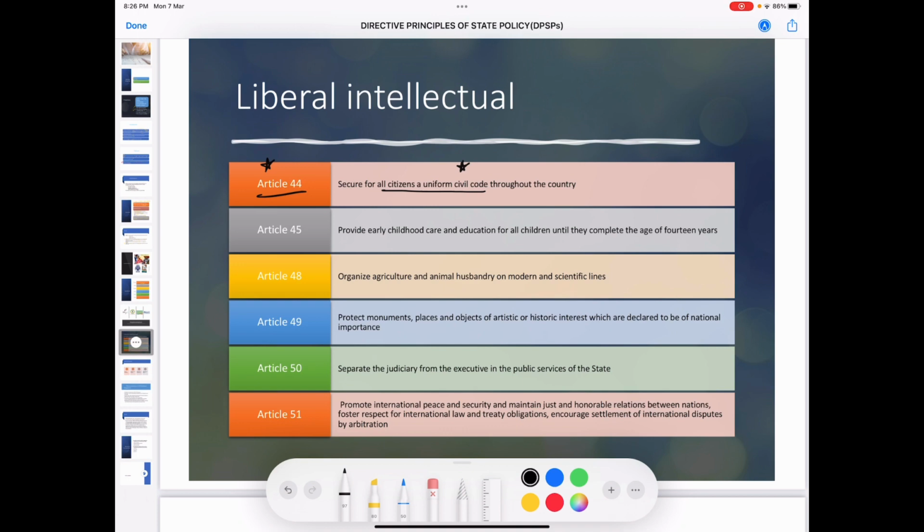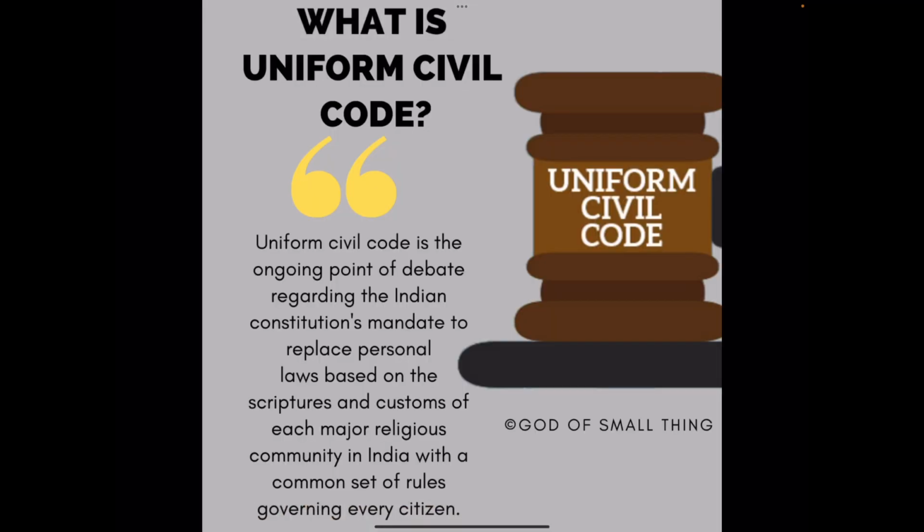Now, what is the meaning of uniform civil code? Uniform civil code is the ongoing point of debate regarding the Indian Constitution's mandate to replace personal laws based on scriptures and customs of each major religious community in India with a common set of rules governing every citizen.